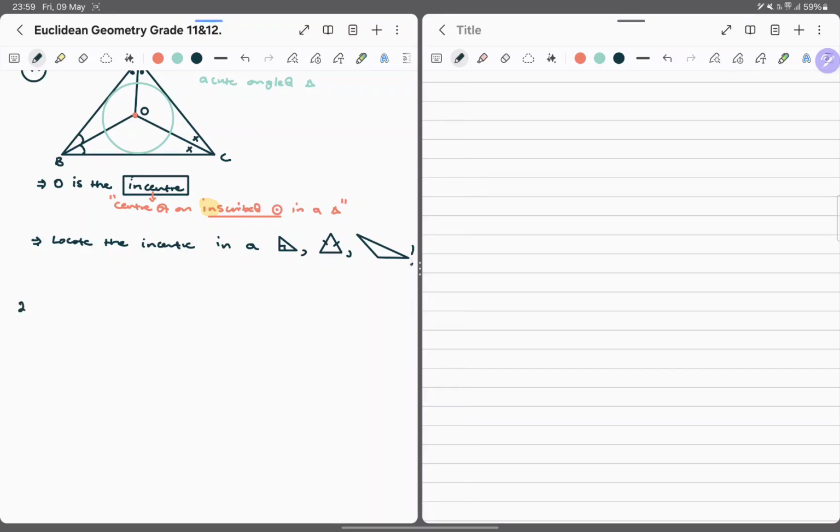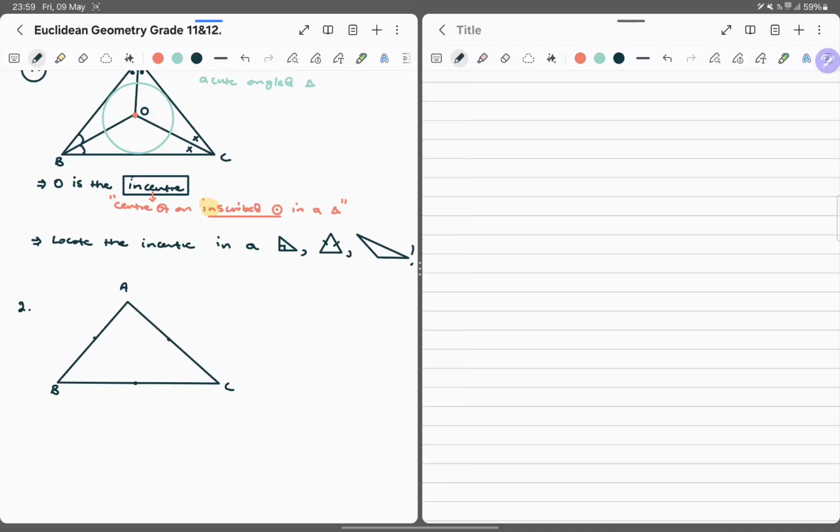There's a second thing that we need to talk about. Now let's take again an acute angled triangle. So we've got A, B, C. Now we want to essentially bisect the sides of this triangle.